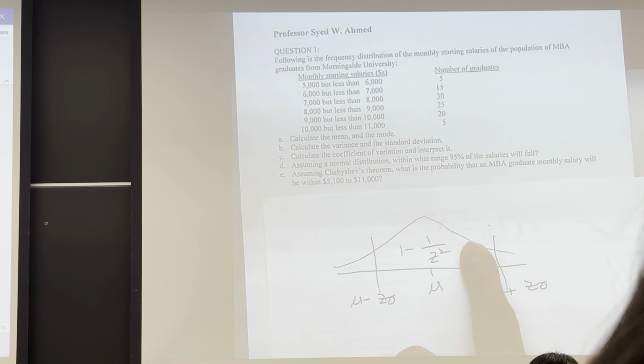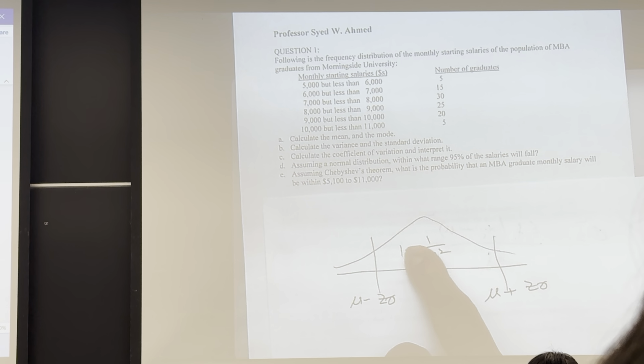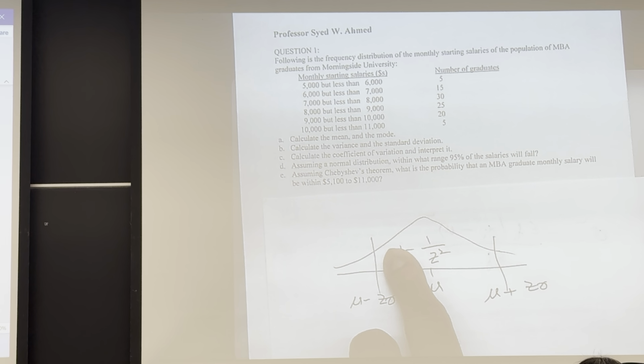At least this much percentage of values will fall within Z standard deviations of the mean. So let's say Z is 2. 1 divided by 4 is 0.25, so this will become 75%.